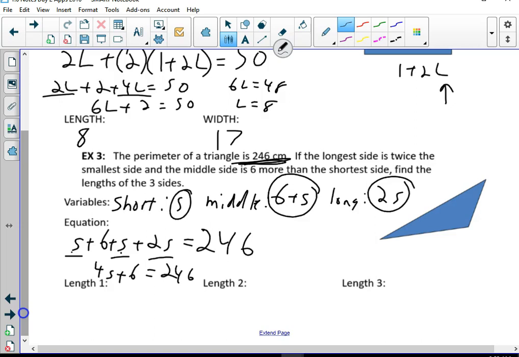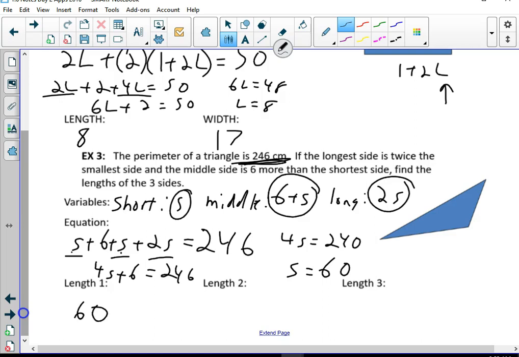So we subtract 6. 4S equals 240. We divide by 4. You don't need a calculator for this. How many times is 4 into 24? 6. Just put a 0 on. 60. So the smallest side is 60.